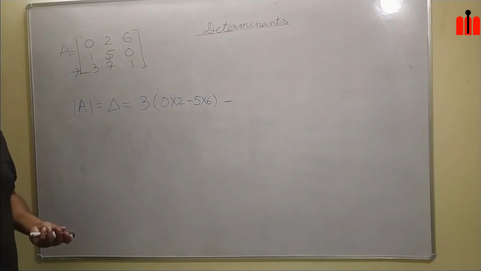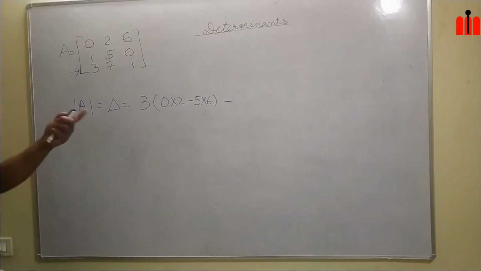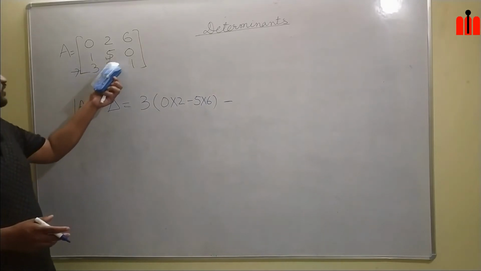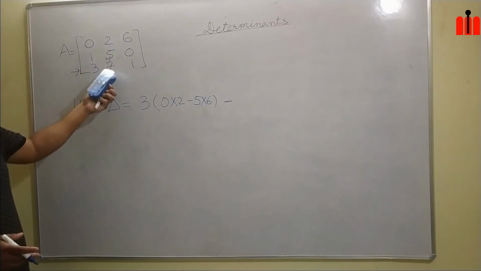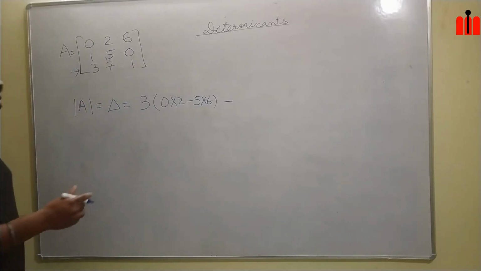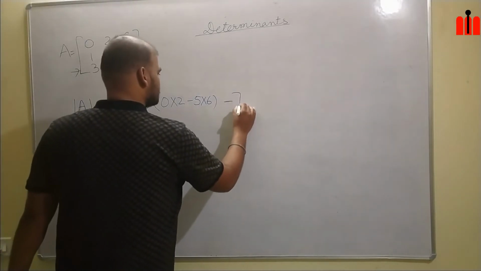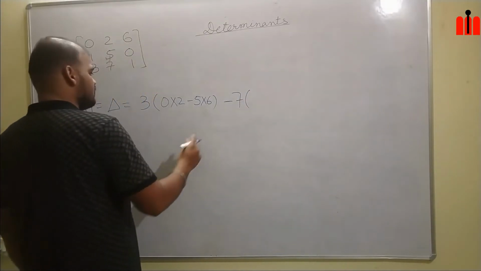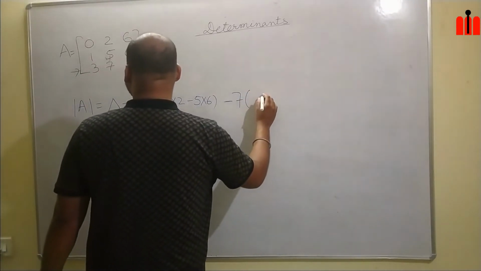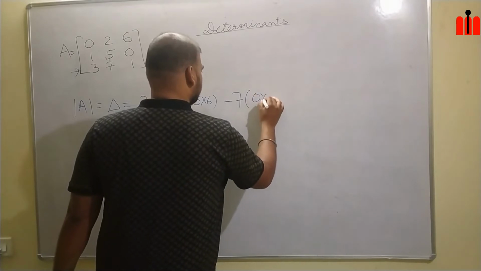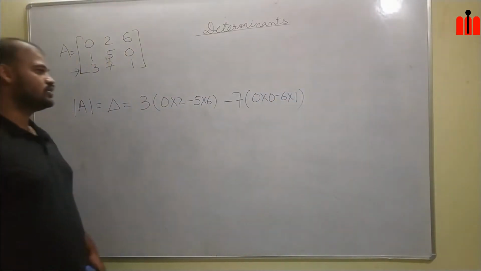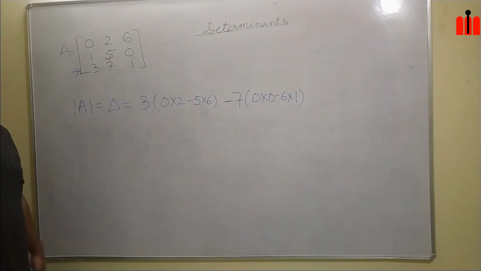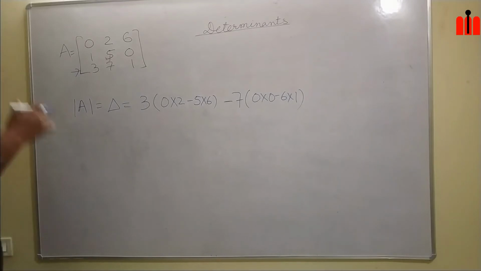Minus 1 to the power of i plus j times Mij. So the minor for this will be found by striking out the second column and third row. So it will be 7, which is my A32, into 0 into 0 minus 6 into 1. So this will be my second element for finding the determinant.